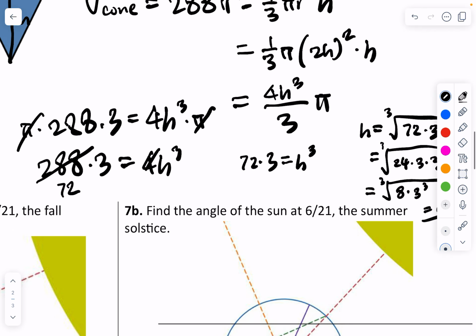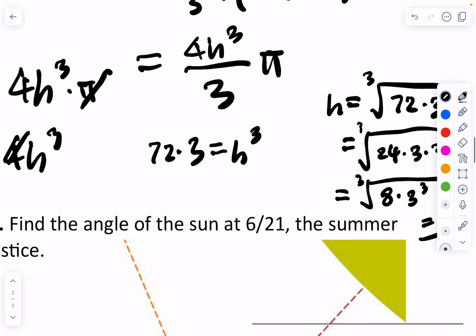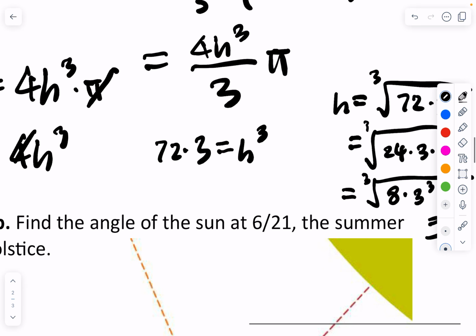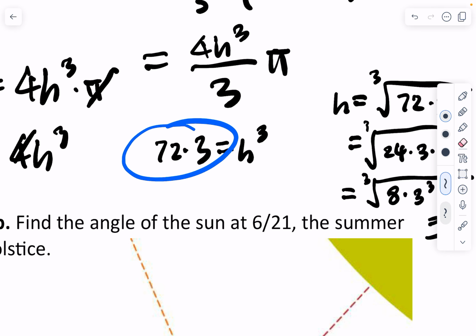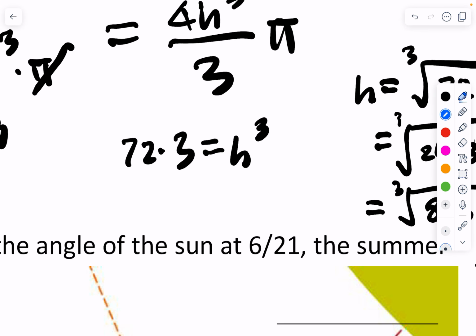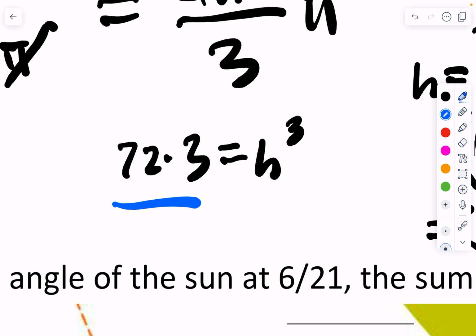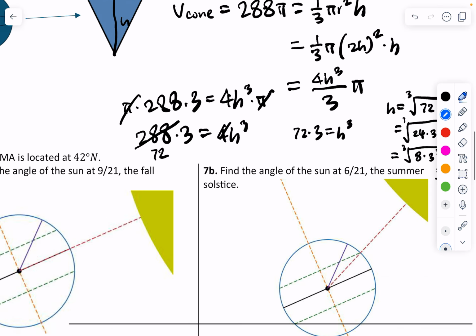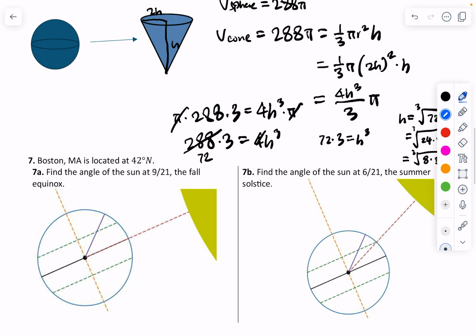And here, I think something that's more about computational efficiency is that you shouldn't be calculating out 72 times 3, because that really doesn't give you anything. Because in the end, you want h instead of h cubed. So your better bet would just be to take the cube root of both sides and then simplify from there. Instead of trying to multiply this out, you should try to factor it so you can get the final value of h. Okay? All right.